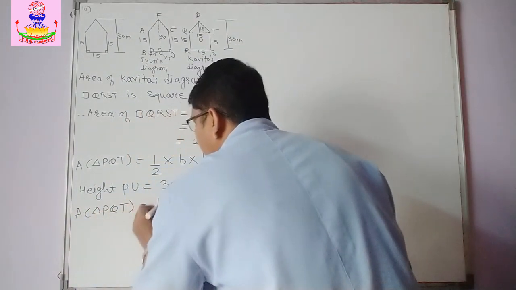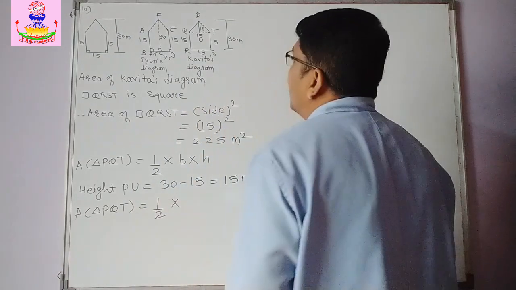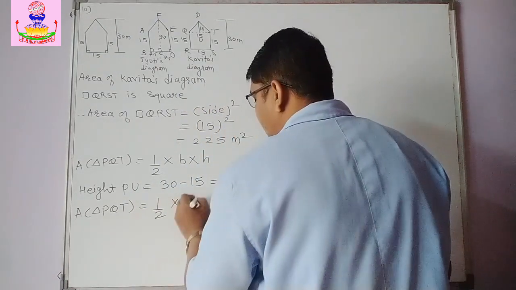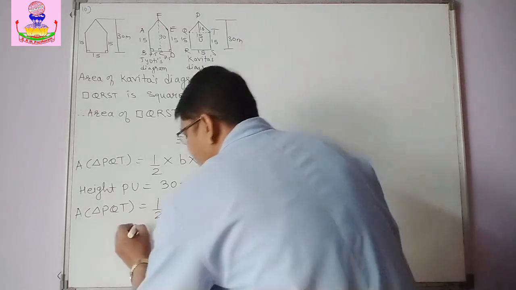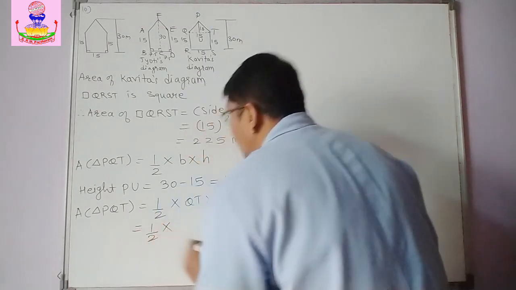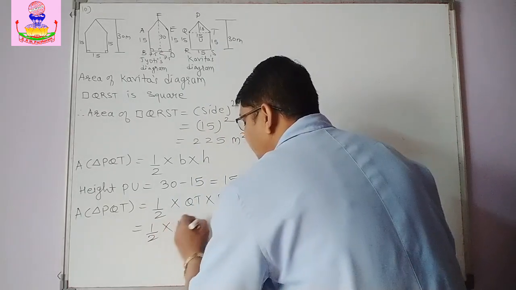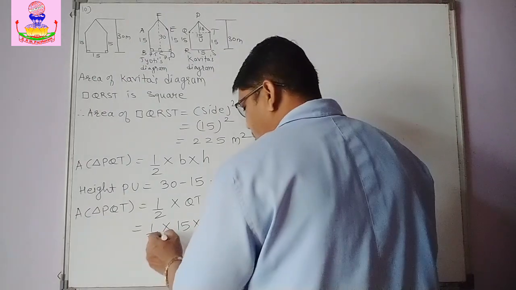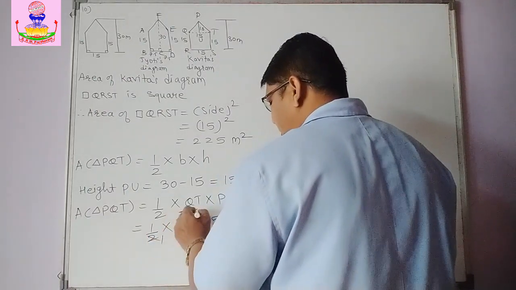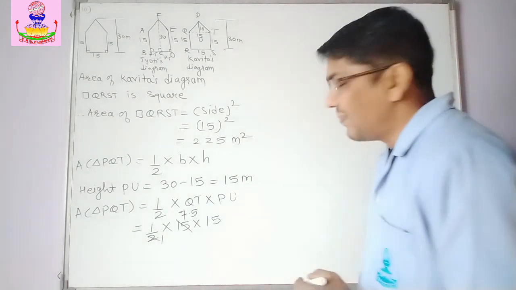So we got the height. Now we can find out the area of triangle PQT. It is equal to half into base QT into height PU. QT is 15 and PU is also 15.